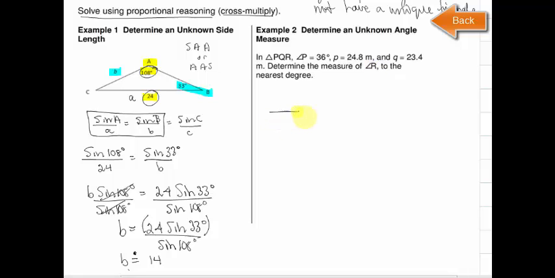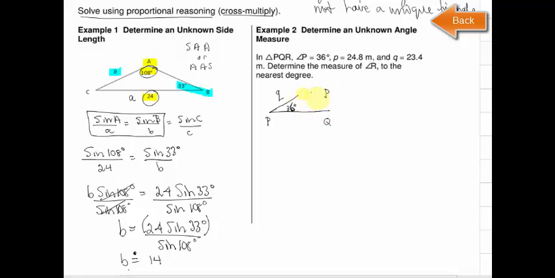And so I'm going to draw a line here which I will call PQ. And angle P is about 36 degrees, so I'm going to draw something that I think is close to that. So something like this. Okay, 36. And I also see that side P, which is going to be over here, and side Q, which is going to be over here, are almost the same length.